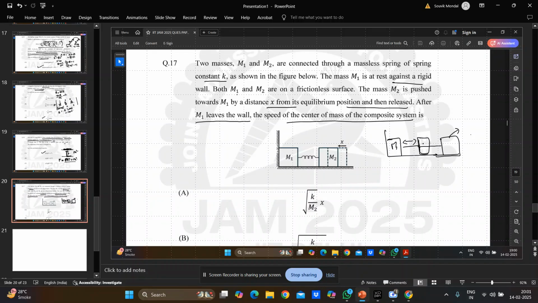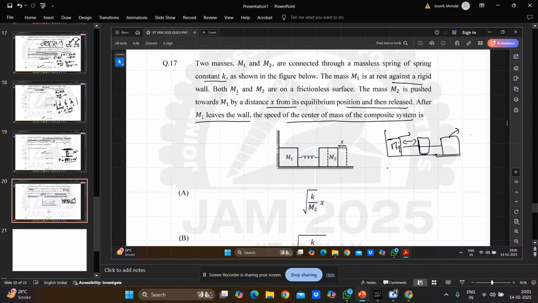But when it comes to the original position, it will feel the tension and m1 starts moving in this direction. Until then, m1 will feel nothing. The spring is compressed, then extended to its original length, and only then does m1 start feeling the effect, not before.